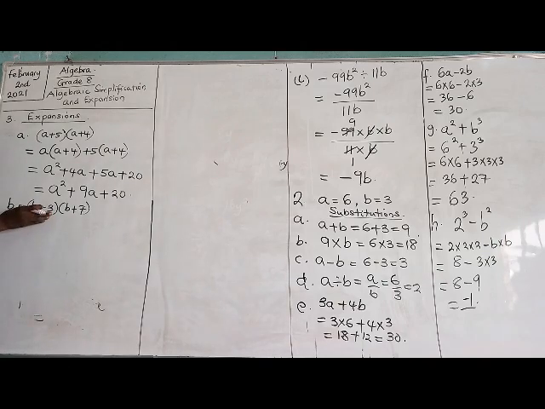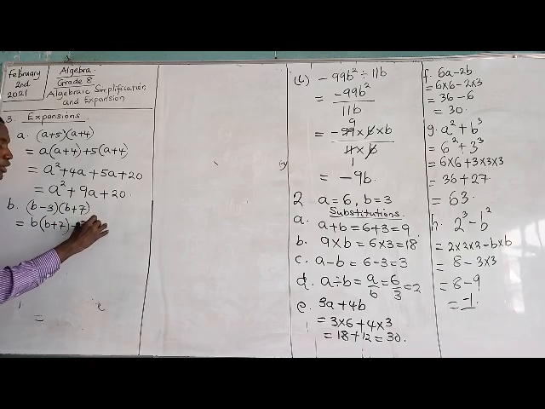So we use the content of the first bracket to multiply the content of the second bracket. Each content we take on the whole content of the second bracket. So what you're going to have will be this: B into B plus 7 and negative 3. The sign of 3 is that of negative 3. We'll take on the content of the second bracket.